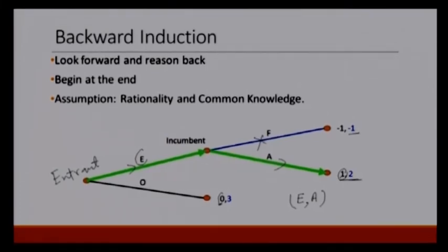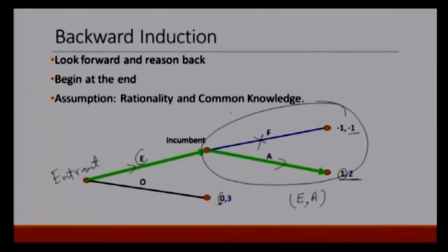Notice what we did. We started solving the game at this level. Later on we will learn a specific name for this structure, but notice what we used: rationality and common knowledge. Not only are the players rational, they know that the other players are rational. That is the input that we took. So, what is happening? First we solved here, then we said that the entrant knows that if he takes action E, the game is moving in this direction.